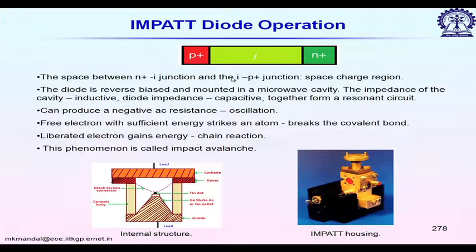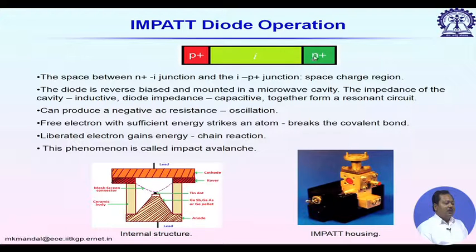So, let me discuss the very basic operation of a p plus I n plus type IMPATT diode. We will assume that the electric field is high enough inside, so that when the electrons accelerate inside the intrinsic layer and into n plus, they will hit covalent bonds and generate electron hole pairs, and under high electric field they will keep on impacting, and then we will have more and more electron hole pair generation inside.